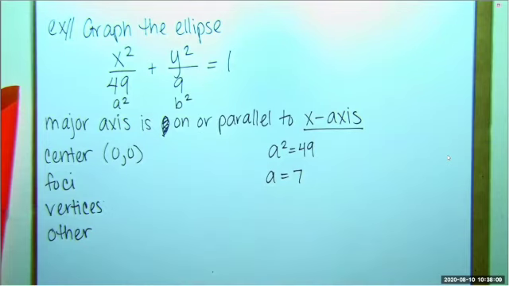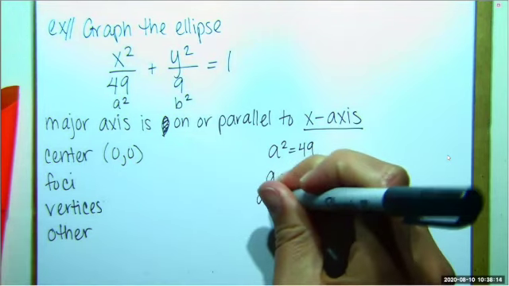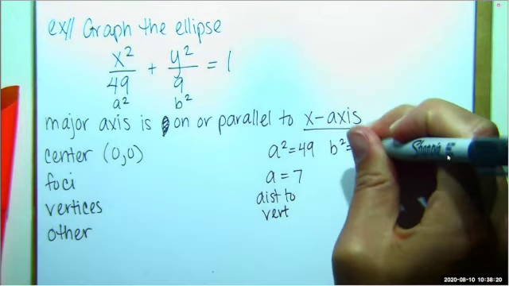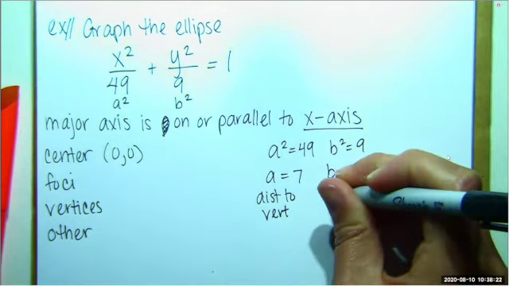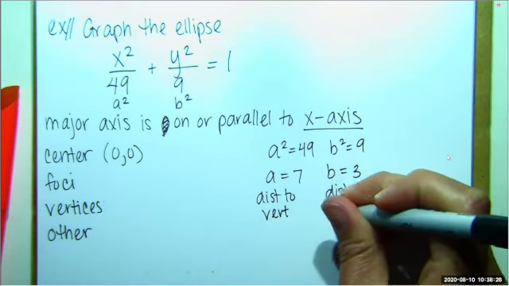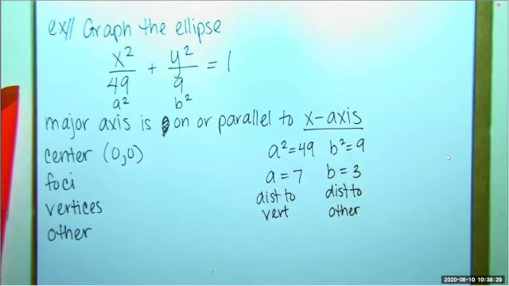If we go back to our definitions from our first page, this is the distance to the vertices. Next up we have B squared is 9, which means that B is 3. This is our distance to the points of intersection with the minor axis. I'm just calling these other points, so you don't have to write points of intersection with the minor axis because they don't have a special name.